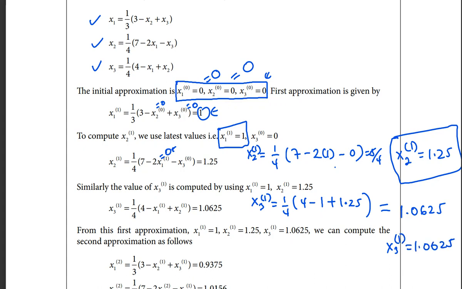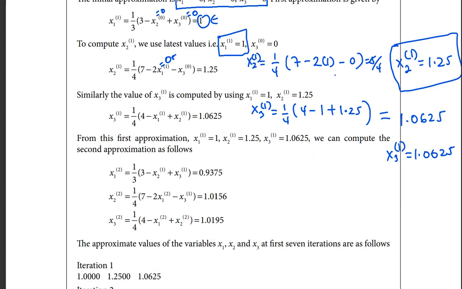Okay, so I'm going to use these approximations to get the next approximations. For the next approximations, we have x1, which is the second approximation for x1. You're going to have 1 over 3 multiplying 3 minus the first approximation for x2, which is 1.25, plus the first approximation for x3, which is 1.0625.